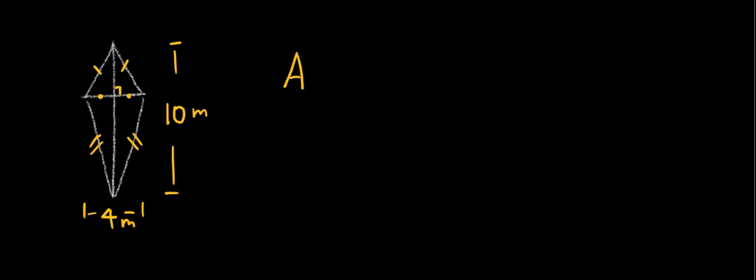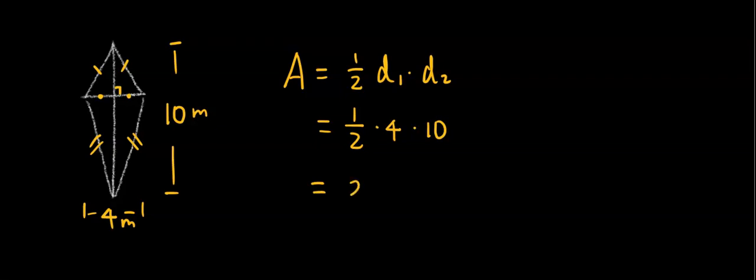Area of a kite. You use the same formula as the rhombus. So it's 1/2 d1 times d2. Diagonal 1 is 4. Diagonal 2 is 10. And that is 20. And we did not use units. We use meters, so it's a square meter.